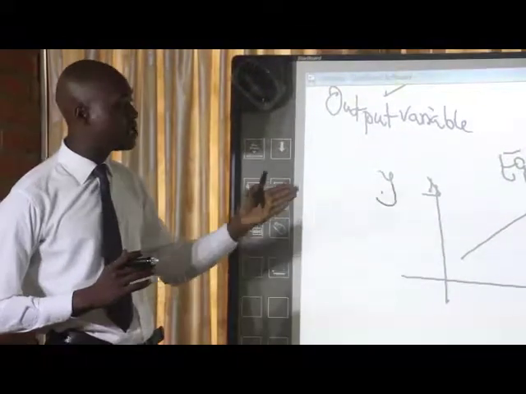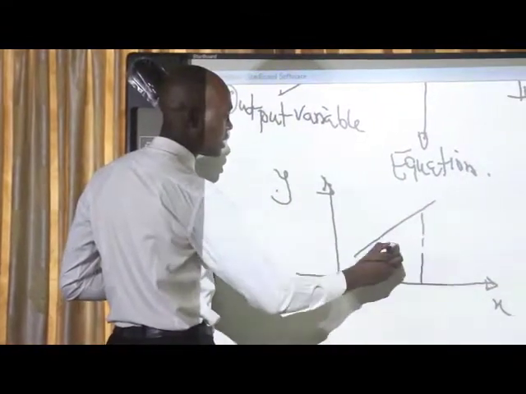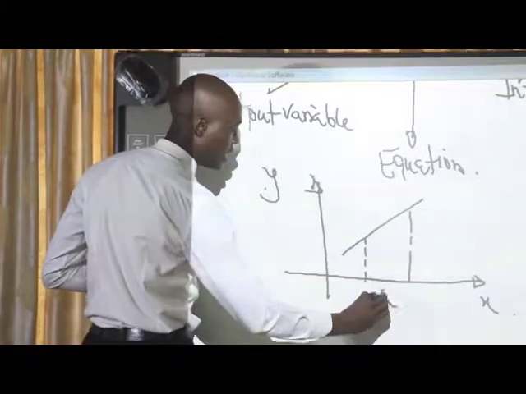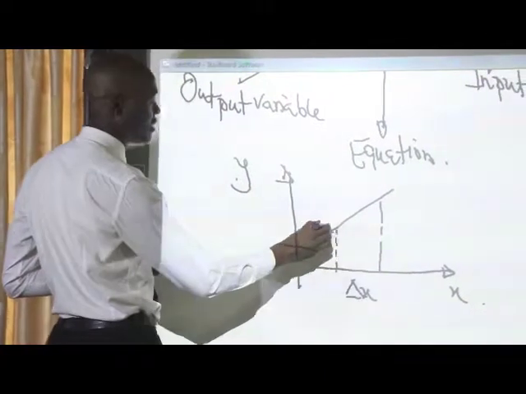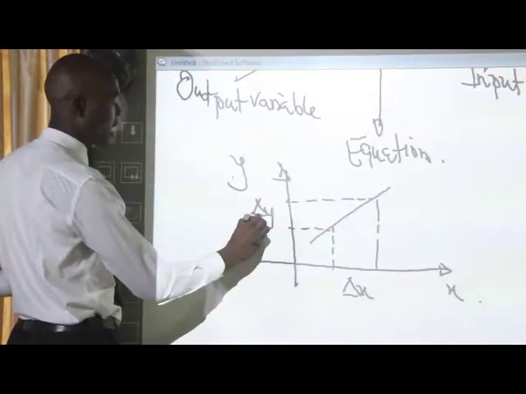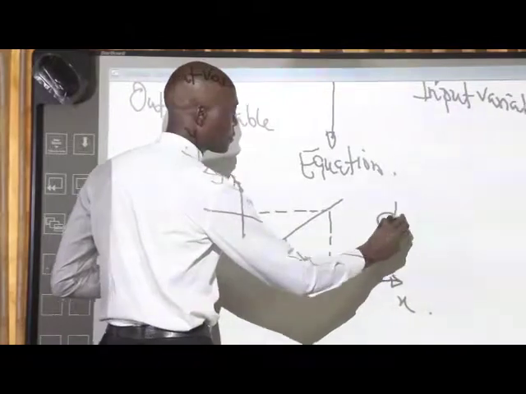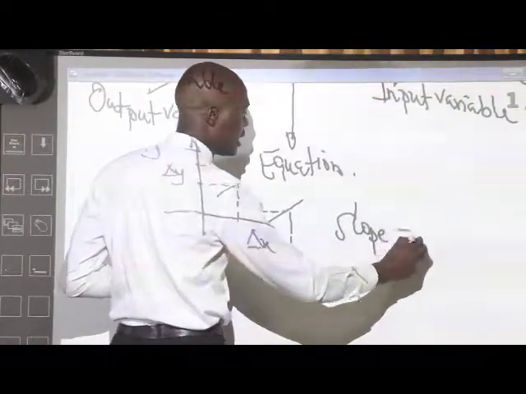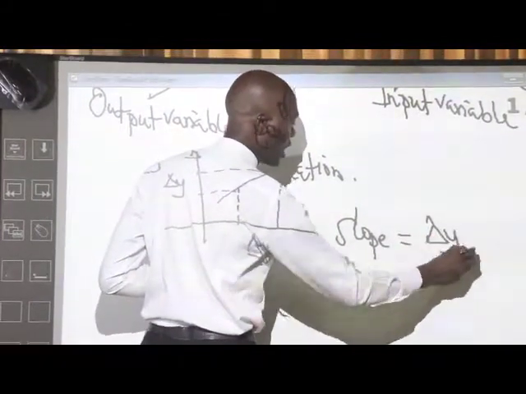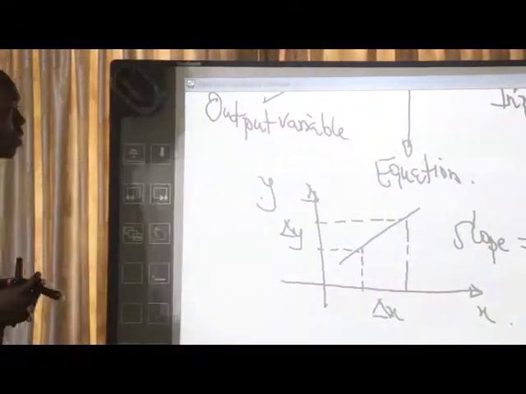So for us to determine the gradient, all you just need to do is to determine the change in the horizontal axis, also determine the change in the y-axis, and say that the slope is change in y over change in x.